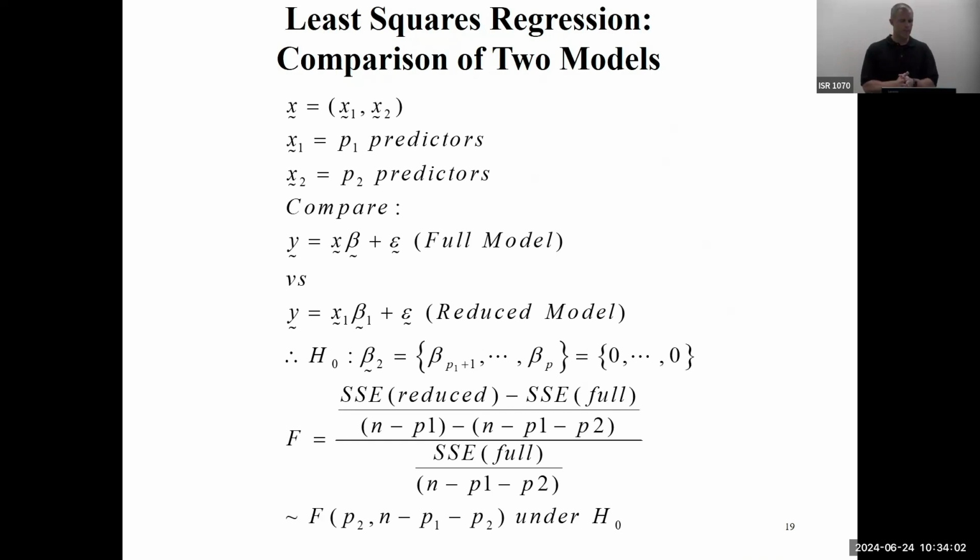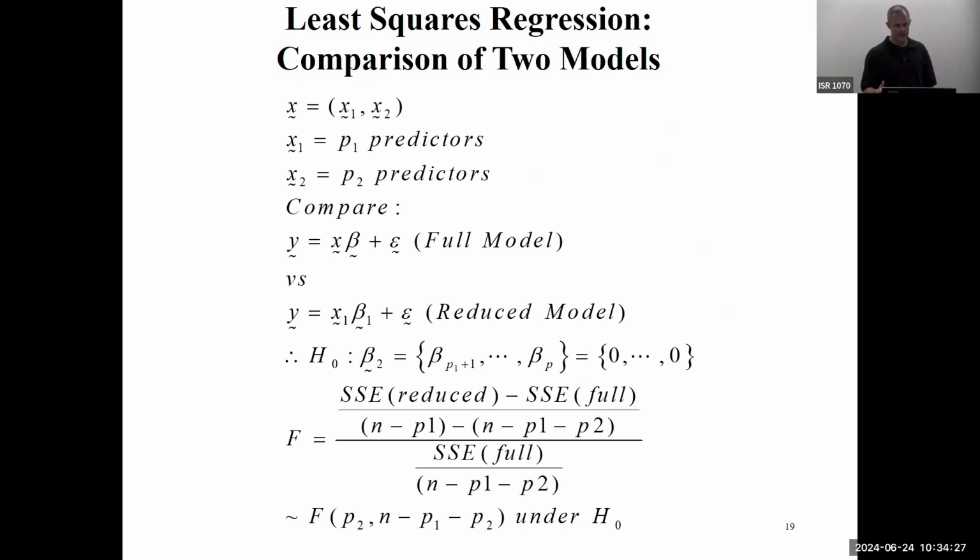So generally, if you have a set of all predictors X that can be divided into P1 and P2, different subsets of predictors, and you want to compare a full model that includes all the predictors of interest to a reduced model that only includes set 1, you can use this test statistic here, this F statistic. And notice what that means for the null hypothesis.